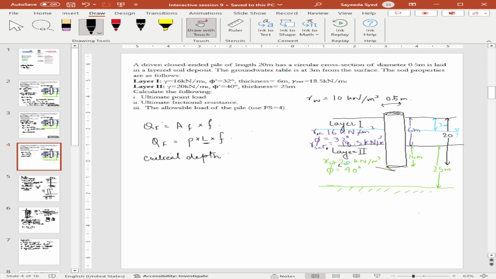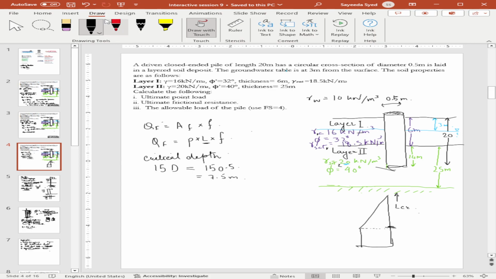So the first task for finding the QF will be to determine what the critical depth is. Critical depth, according to Meyerhoff, is about 15 times the diameter of the pile. And here we can say it is 15 times 0.5, which is 7.5 meters.